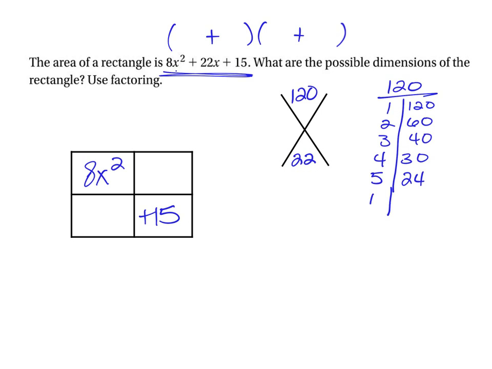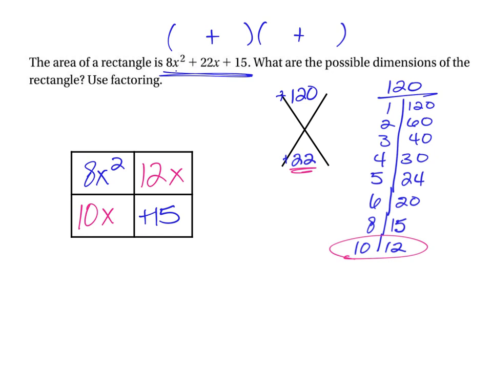We're still going. 6 and 20, 8 and 15, and then 10 and 12. So they're both positive, which we've already talked about. So we know that we need to be able to add the two together. So it looks like 10 and 12. So when I come here, I have 10x and 12x.